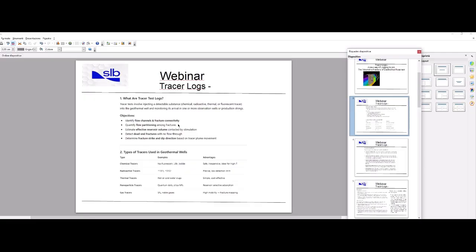Quantify the flow partitioning among fractures, estimate the effective reservoir volume, and detect the dead fractures with no flow through. It's clear that, for example, there is some specific geological condition with some fractures that can be emptied by some sediments or resediments like this. Determine the fracture strike and the dip direction based on tracer plume movement.